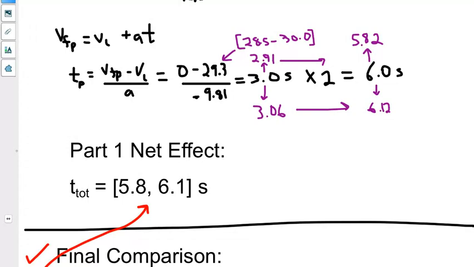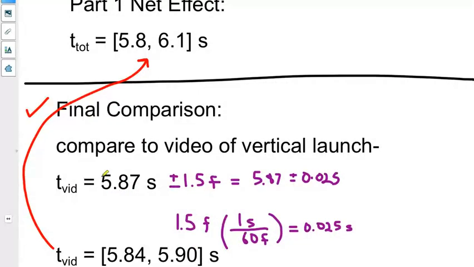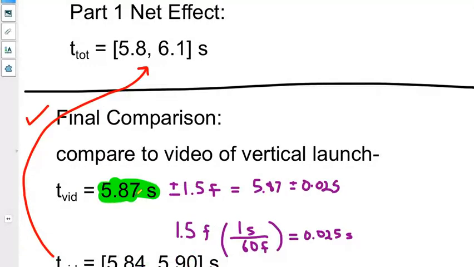Percent error is based on what we think our best approximation is. So we say our best approximation is it took 6 seconds, and the video was 5.87 seconds. Based on those two, you do your percent error. You remember, you do measured minus actual over actual times 100. So you'll do 6 minus 5.87, whole thing over 5.87 times 100, and you get a percent.